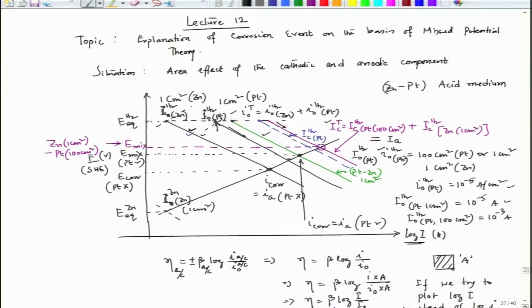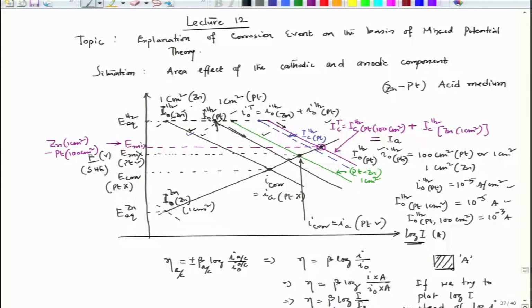This is proven here. For example, when 1 centimeter square area of zinc is connected to 1 centimeter square area of platinum, the corrosion rate was here. Now, once the platinum area is increased, the corrosion current has become here, and the corrosion current density would also increase in relation to the area increment of that noble component.